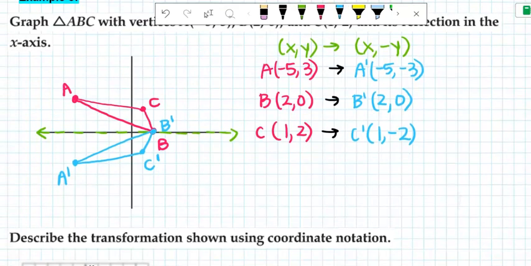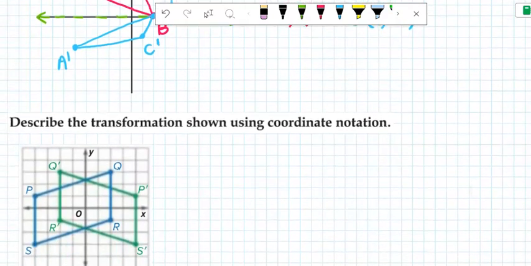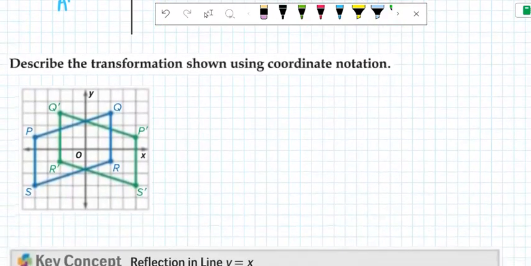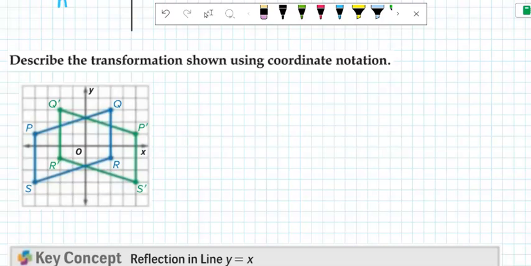Okay. All right, let's do this one. Okay, describe the transformation shown using the coordinate notation. So, we can hopefully see that all of our points are flipping from one side of the y-axis, right?